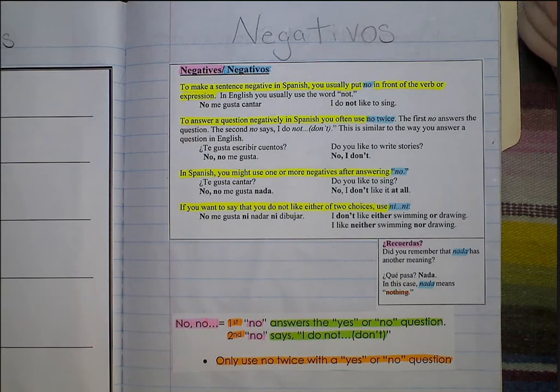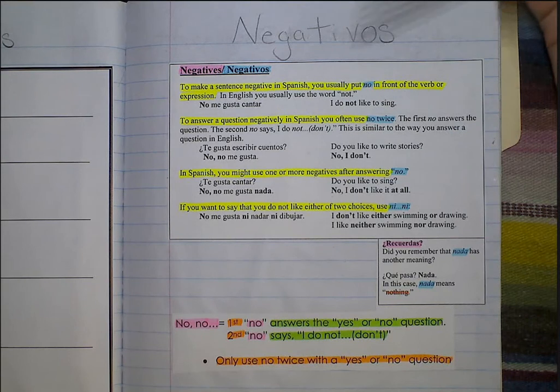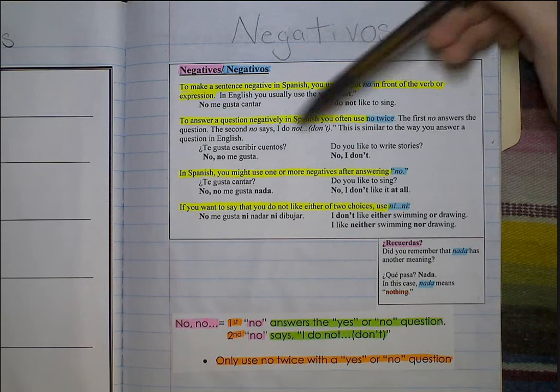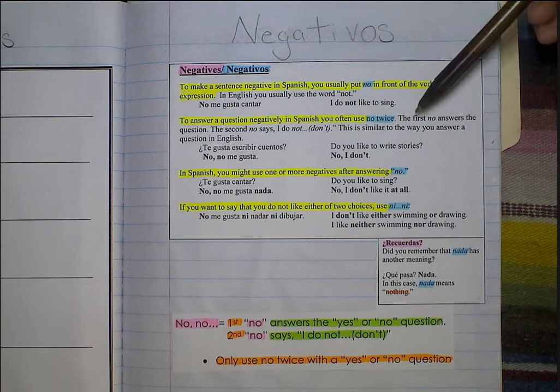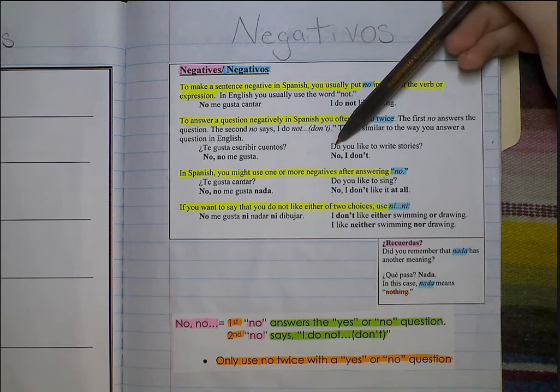Then you have to remember that first we have to know how to answer a question negatively in Spanish, which is a little different from English as well. So to answer a question negatively in Spanish, you often use no twice in the sentence. The first no is going to answer the question. So for example, with this sentence down here, do you like to write stories?